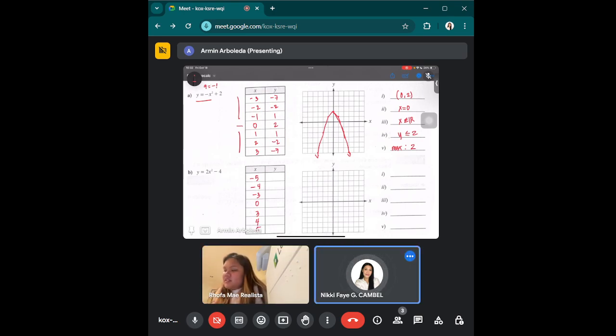What's your y values? 46. Wait, masyadong malaki yung 46. Okay, let's try. Pero hindi natin siya mag-graph.